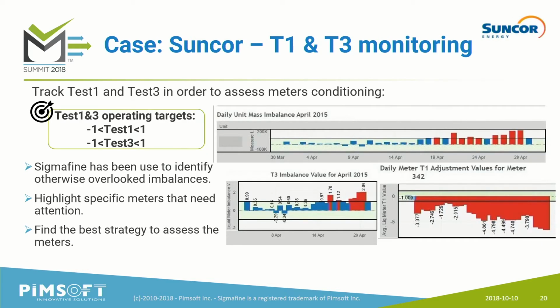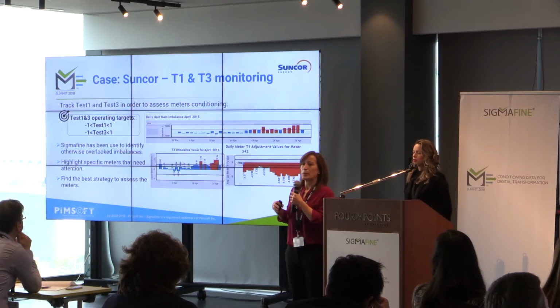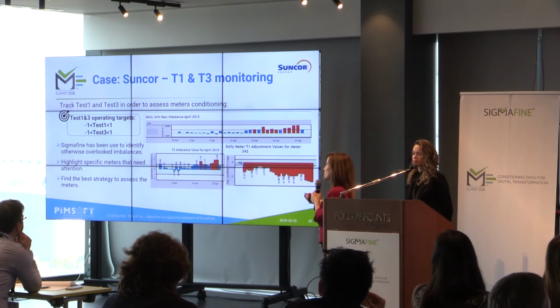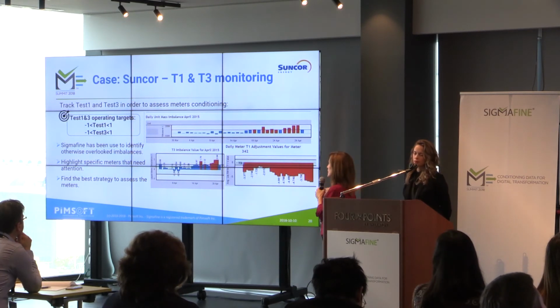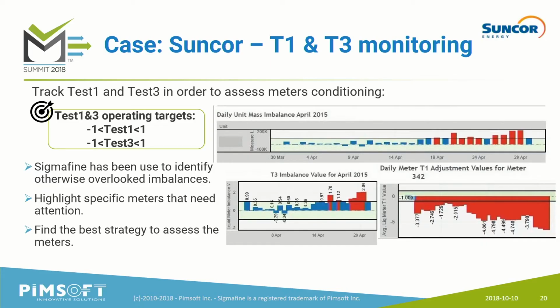Finally, we have another case, Suncor. I think it's a Canadian refinery. They run Sigmafine balances daily, and they have many types of reporting. One of these is done in Tableau, and in Tableau they keep track of the imbalance of each unit for each day over time. For example, the first plot is the imbalance of a unit through a month, and the red values are the values that are higher than the threshold.